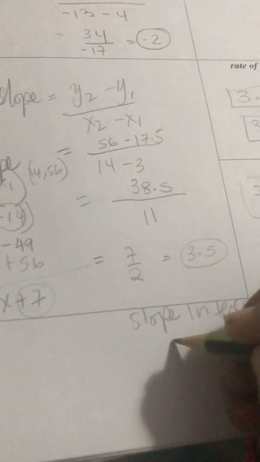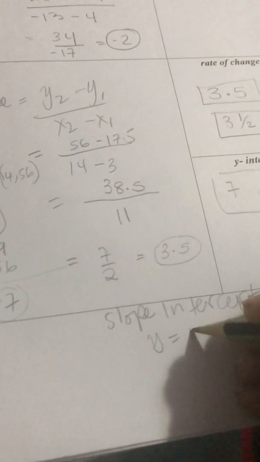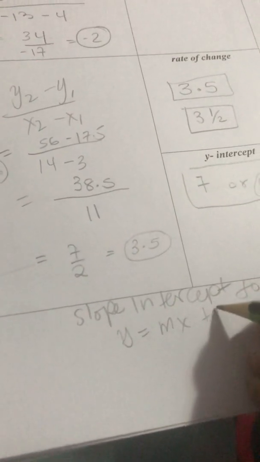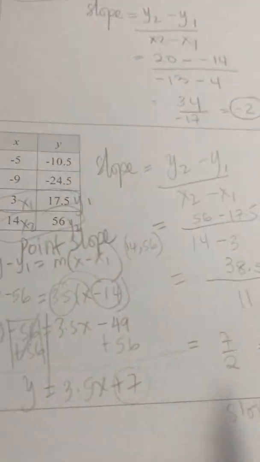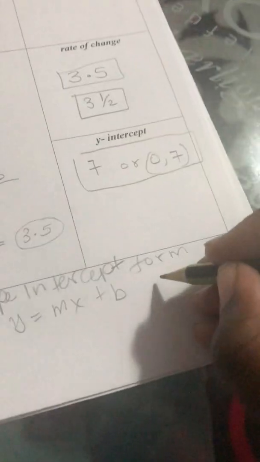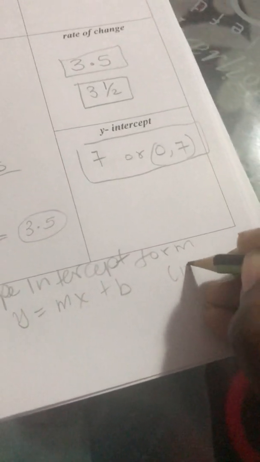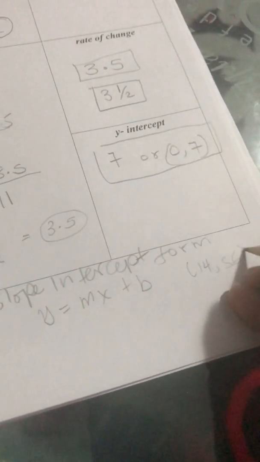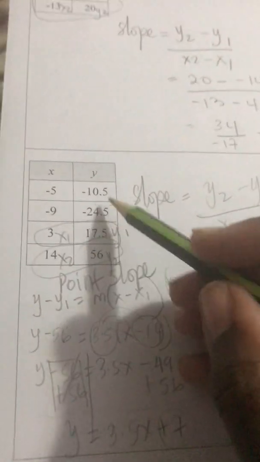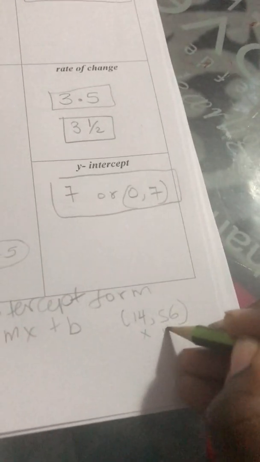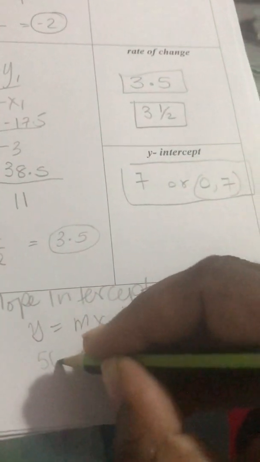So what can you do? You will do y equals mx plus b. You choose whichever point you want. I'm going to use whole numbers. It is easier to use whole numbers. 14, 56. If I have a choice, I will choose the whole number. If I don't have a choice, then I'll use what the question has given me. This is my x, this is my y. My y is 56.